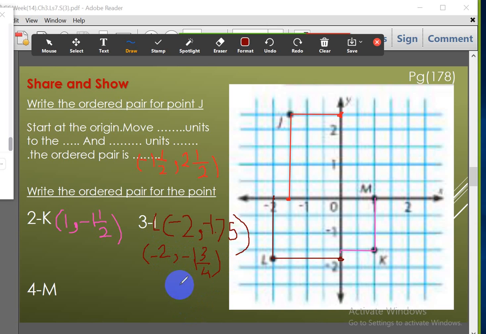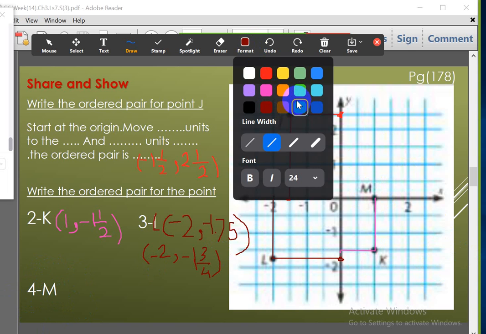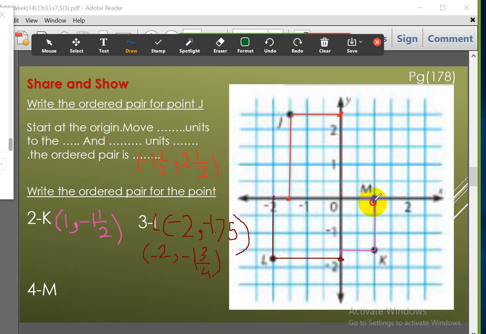Okay. So what about point M? What is point M? This is point M here. I will change the color. This is point M on the x-axis. Look, the point here is between the half, 1 over 2, and the negative 2, correct?